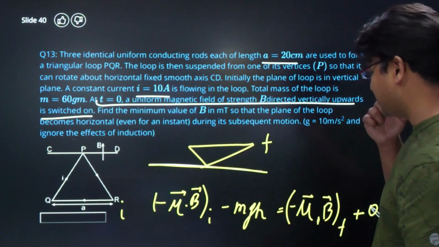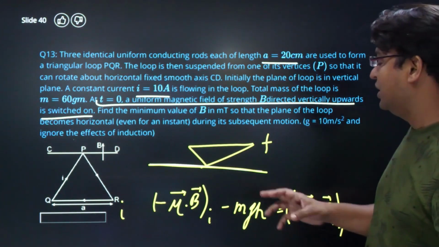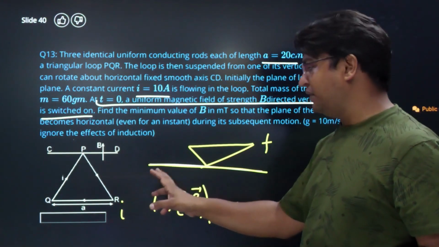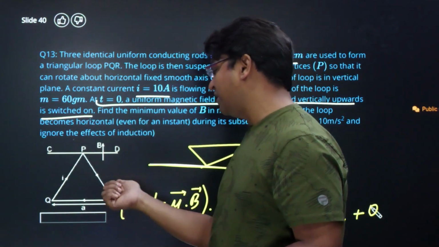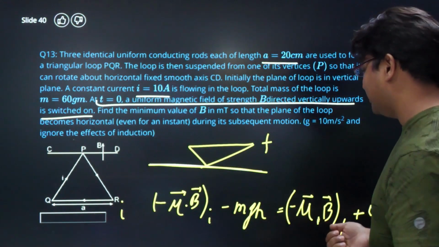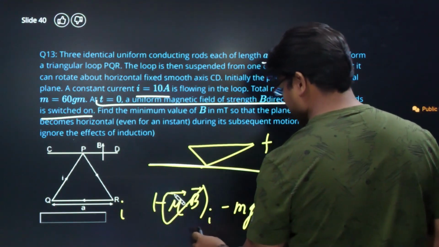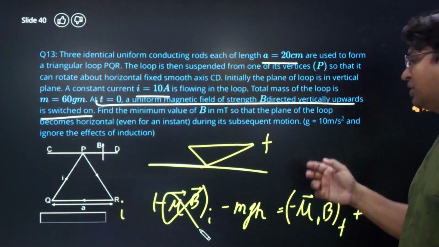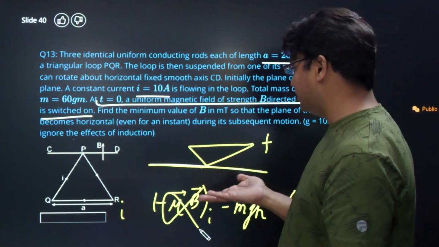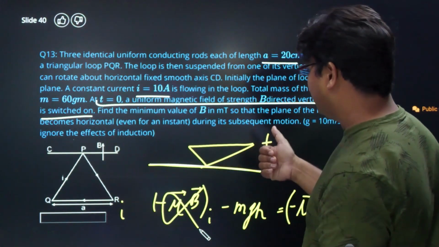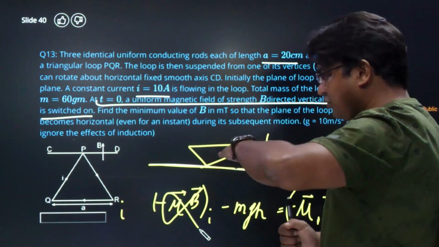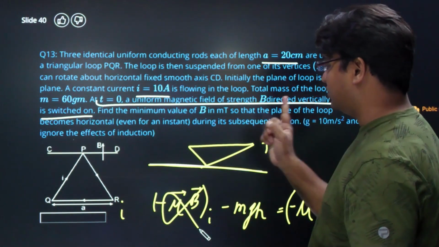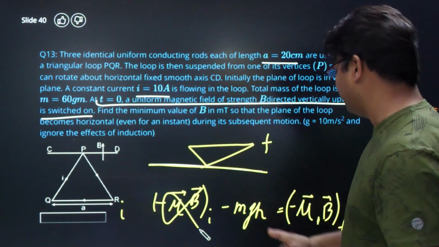So this is the equation we want to write. Okay, now pay attention. Initially the angle between magnetic field and magnetic moment is 90 degrees, so this is 0. Alright, finally they both come in the same direction, so they both become parallel.